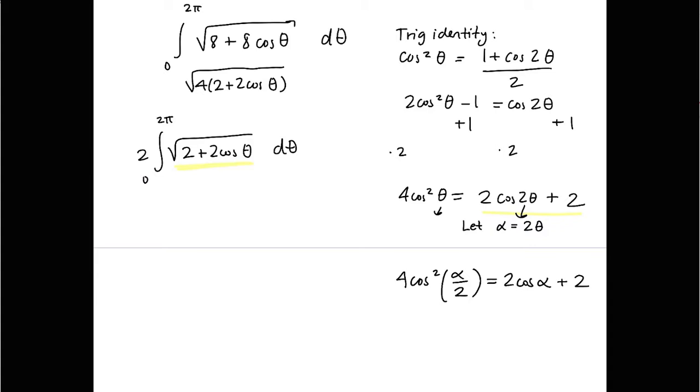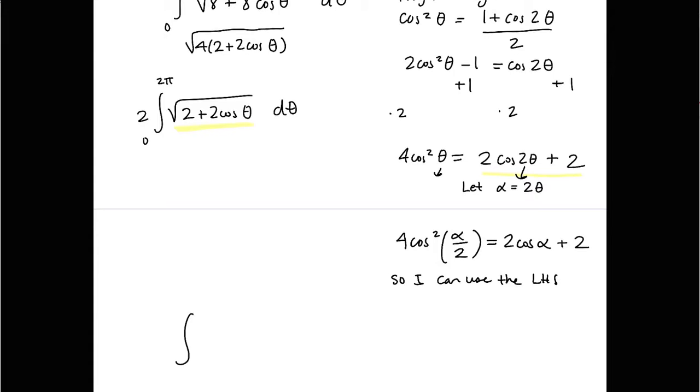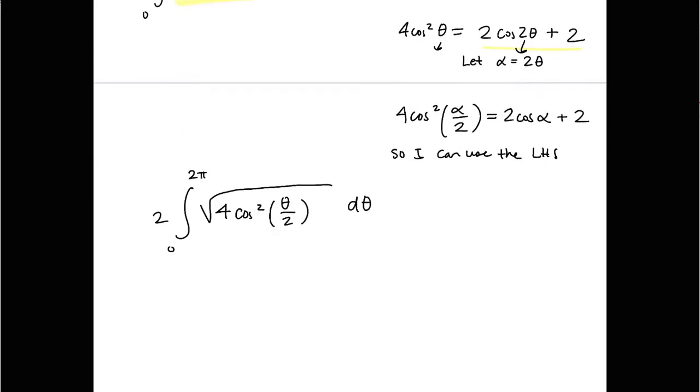So if I go ahead and use this trig identity, we're going to use the left-hand side to rewrite this integral from 0 to 2 pi. And this is now becoming the square root of 4 times cosine squared of theta over 2 d theta, and that'll simplify to 2 cosine of theta over 2 d theta.